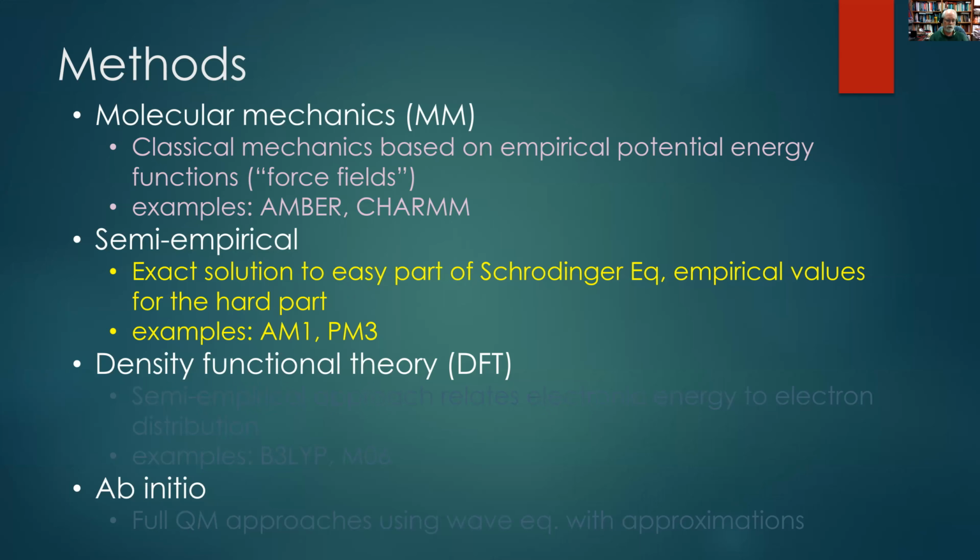And more than once, I've spent several days on a really demanding calculation only to find that I could have gotten the same answer in about 5 minutes with one of these semi-empirical methods. But when they fail, they fail really badly. And so it's one of those cases, as with a lot of empirical approaches, you just don't know whether you're getting a good answer or not until you use a more demanding method.